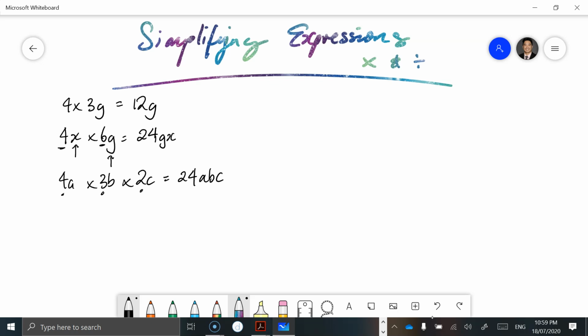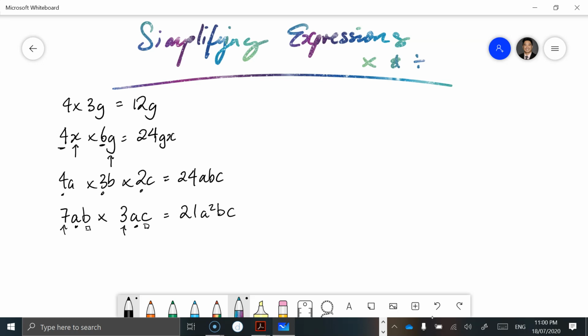But look, what happens if you had 7ab times 3ac? 7 times 3 is 21. a times a is a squared, and then b times c is just bc. So you just have to make sure that for the pronumerals in common, you raise the power.